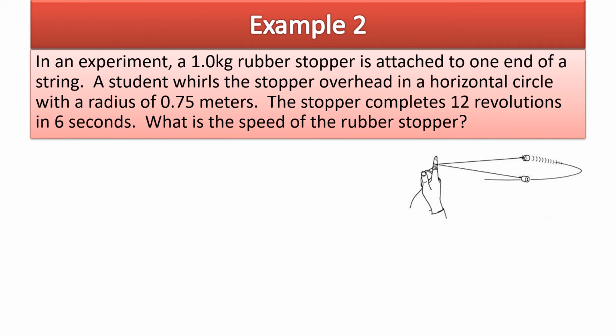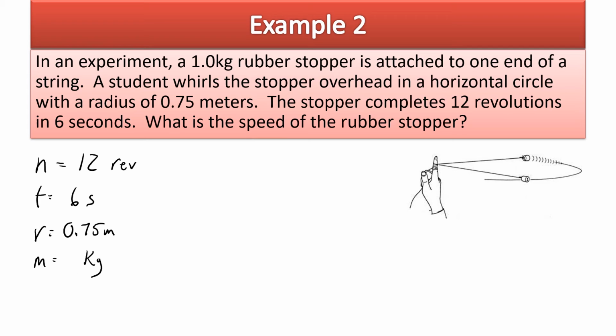You could say the n, the number of revolutions, is equal to 12 revolutions. The time for that is 6 seconds, and the radius is 0.75 meters. They tell you the mass. That's going to come in later, because F equals ma, right? So F is going to be the centripetal force. But for now, we don't really need it.